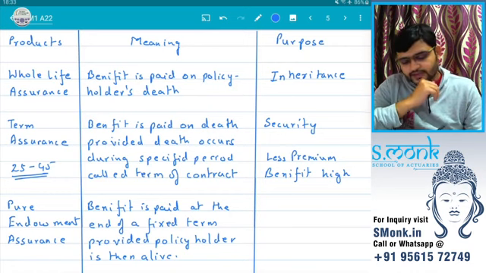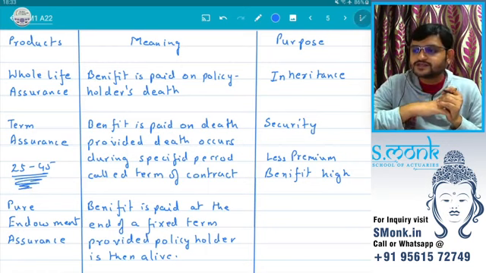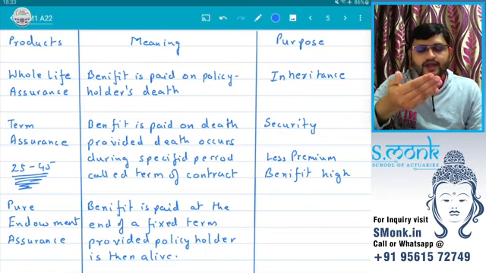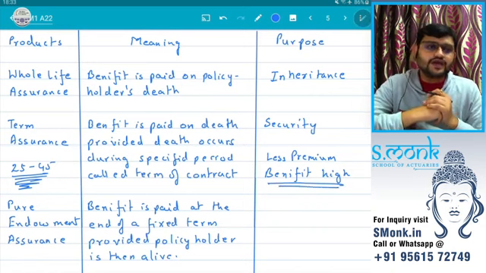Correct? So anyways, probability of a person dying at that particular age is very less. Because a lot of people would be paying premium and only a few people might be dying at that particular age, the benefit for those people would be very high.